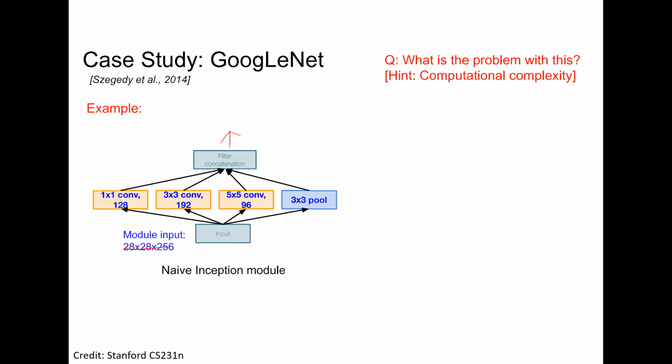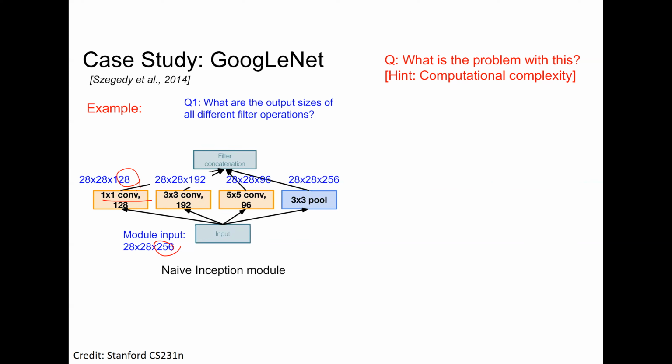Stop the video and think about it on your own. Okay, let's calculate the output size together. After one-by-one convolution, it only changes the channel. So 256 becomes 128. And after 3x3 convolution, let's assume that there is padding.